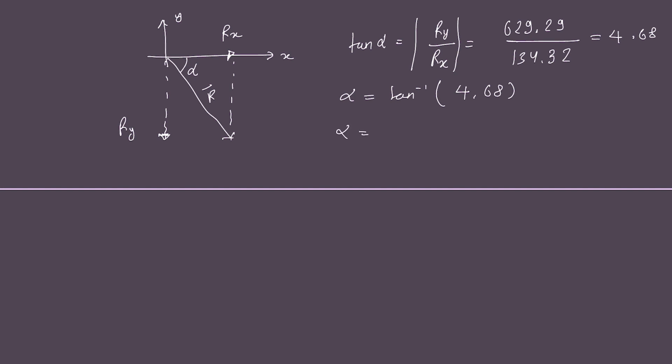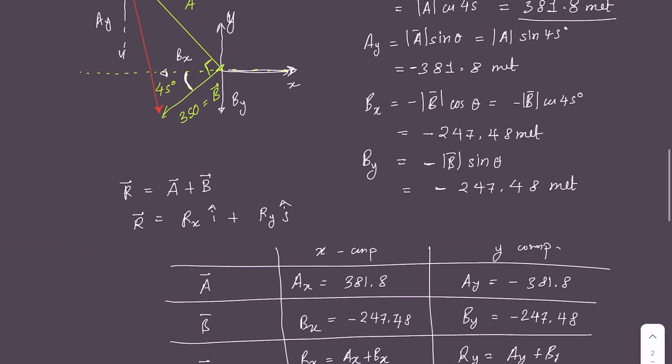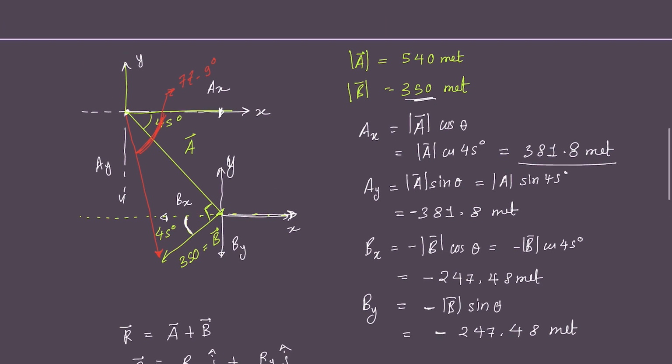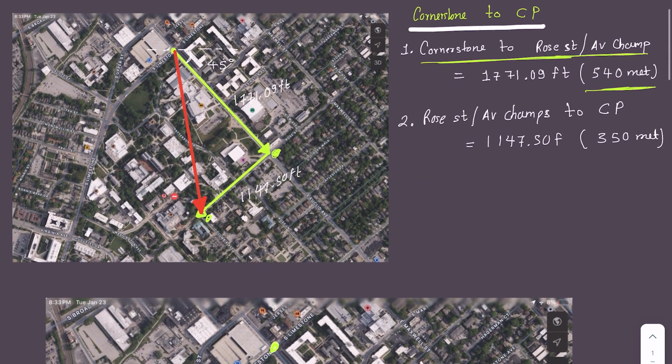So that is about 77.9 degrees. So now you know what angle that resultant vector, that shortcut distance, makes with the x-axis, and that angle is equal to 77.9 degrees.